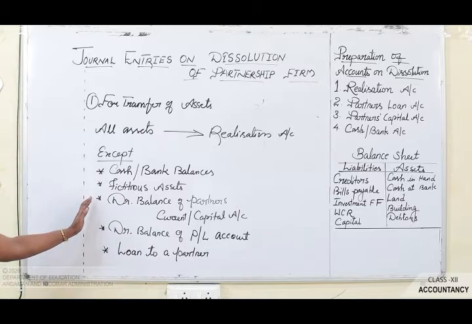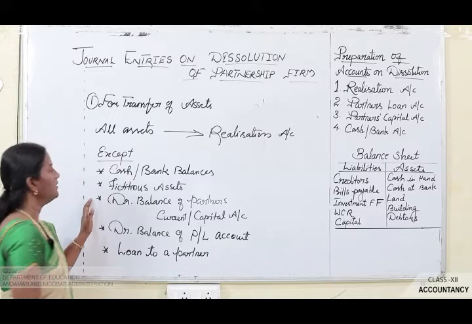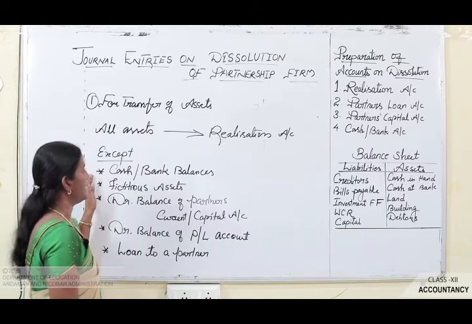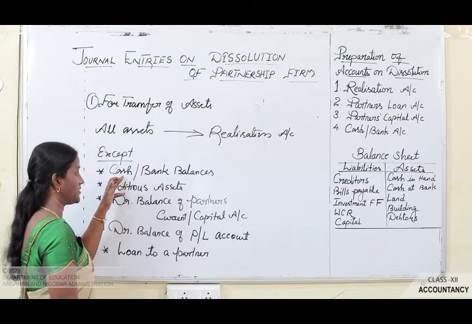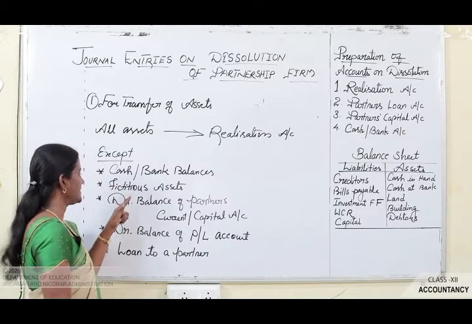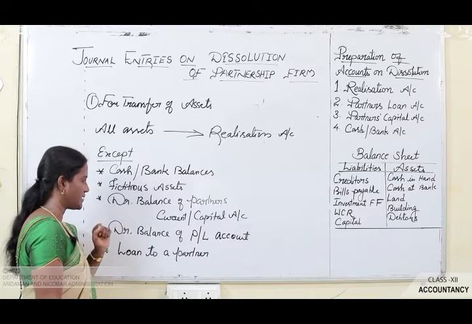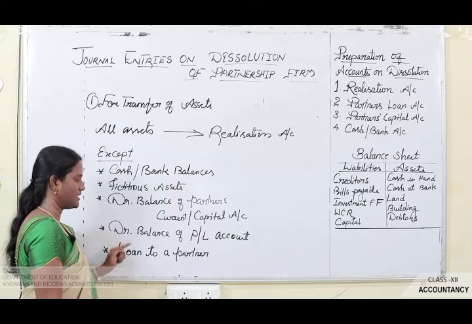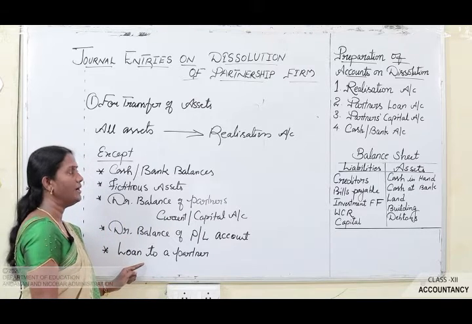So these are the items we have to exclude from the asset side: cash and bank balances, fictitious assets, debit balance of partners' current or capital account, debit balance of profit and loss account, loan to a partner.